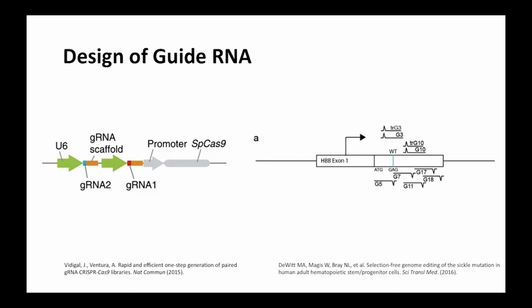It might not do a good job of cutting, or it might cut something completely different than what you had wanted it to cut. And so, generally, many guides are used and tested and evaluated. And here's just a schematic of where different guide RNAs that were designed bind to the gene of interest, or the particular exon of interest.